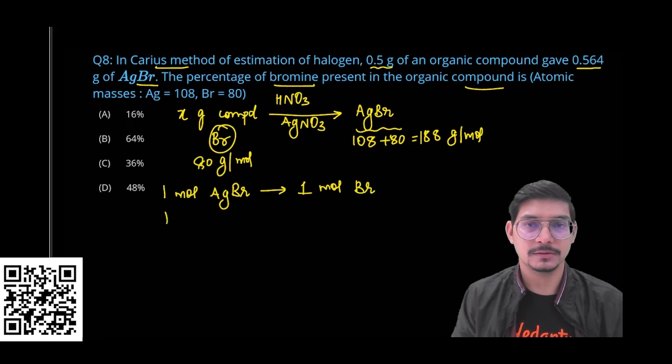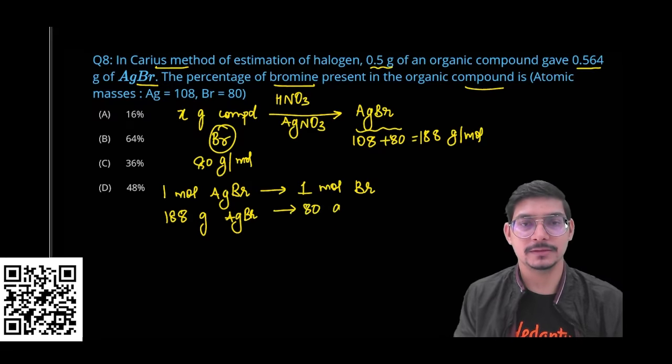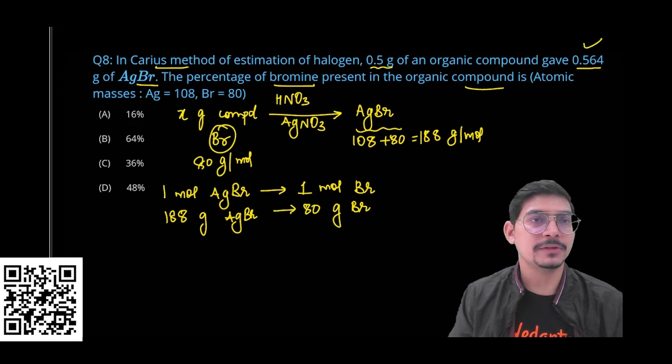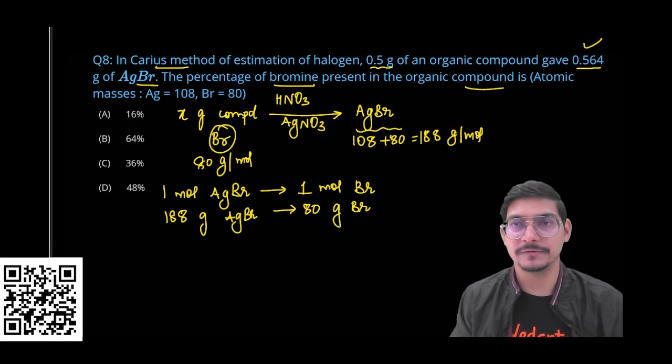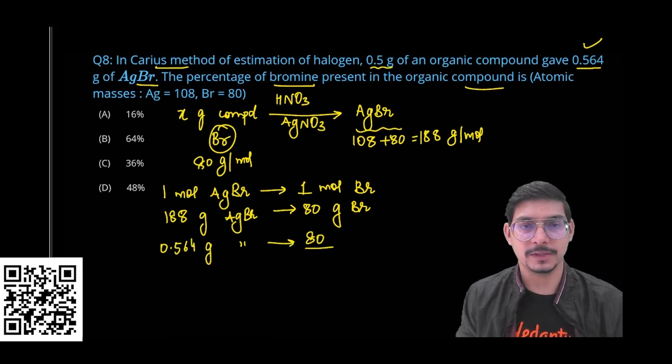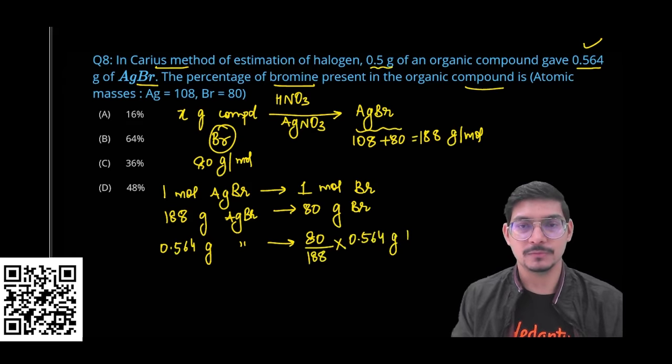Substituting masses, 188 gram of AgBr should come from 80 gram of Br. But in the question, it is mentioned that the amount of AgBr obtained in the experiment is 0.564. So 0.564 gram of AgBr must have come from 80 divided by 188 multiplied by 0.564 gram bromine.